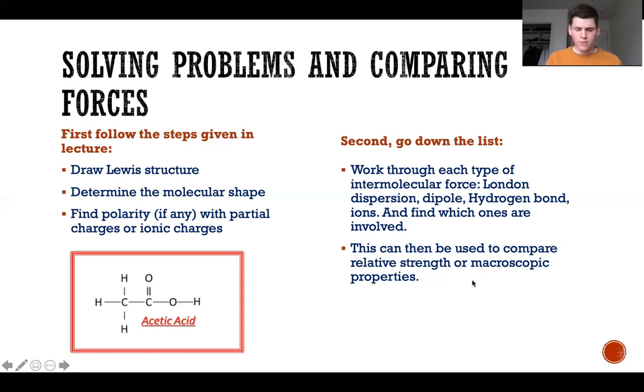But also macroscopic properties, it can say things like which one of these has a higher boiling point, or, let's say, which of these has greater surface tension, for example, things like that. And the main rule is that the stronger the intermolecular forces, the more the molecules want to stay together.